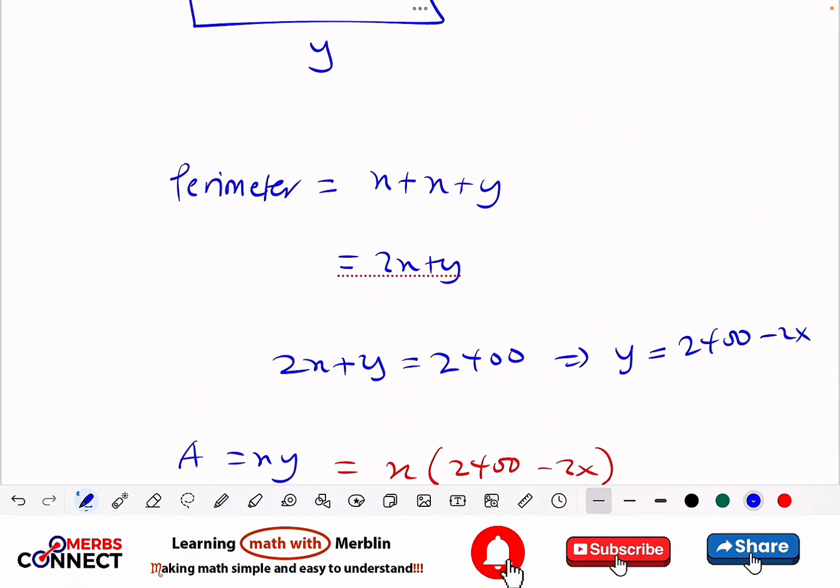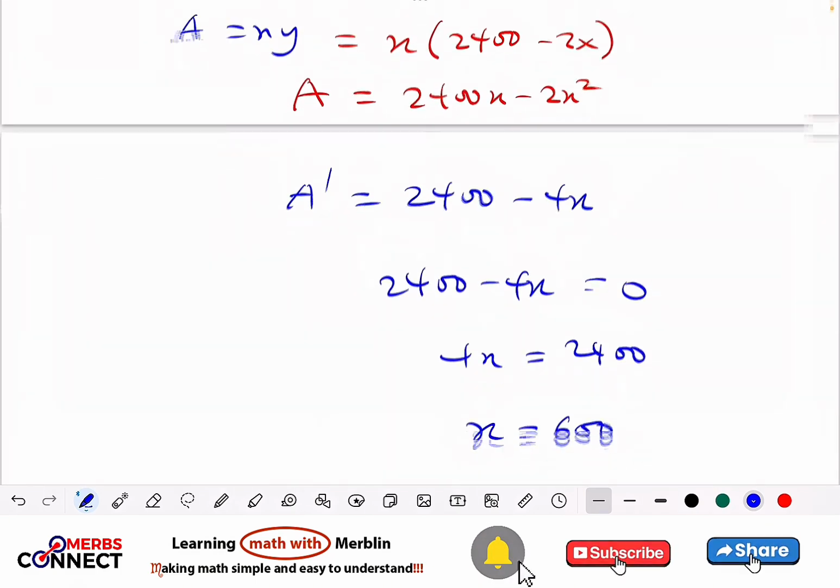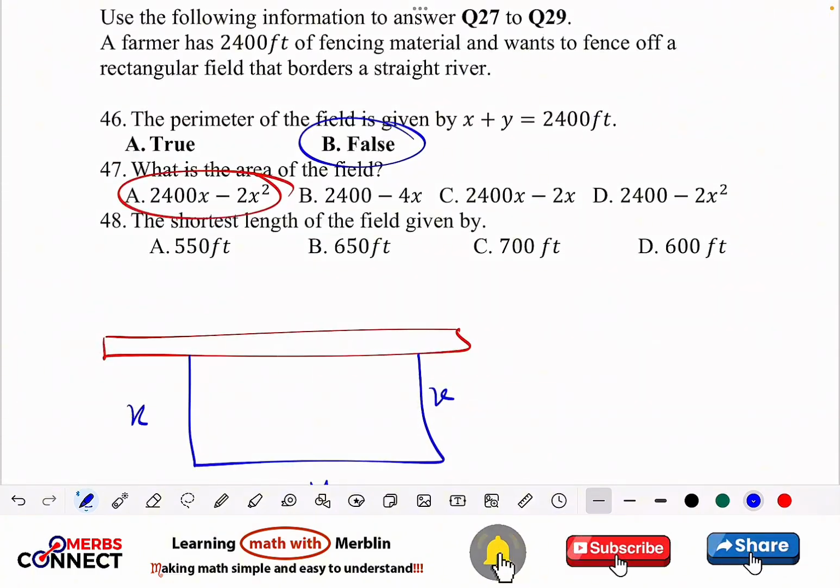Let's look for y. So y is equal to 2400 minus 600, and this is going to give us 1800. Good. So y is 1800 and x is 600. So the shortest one will be x, which is equal to this.